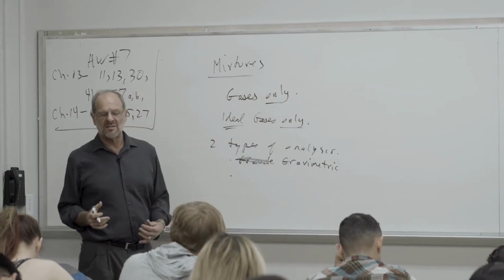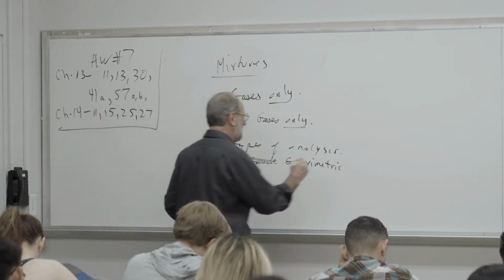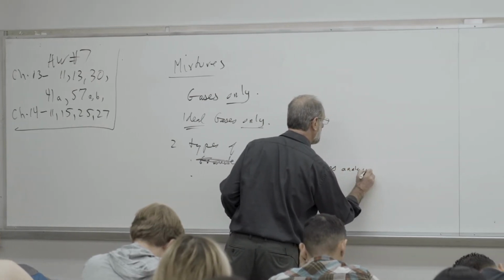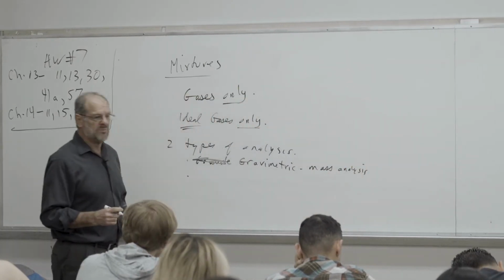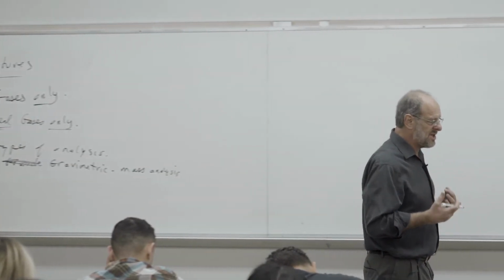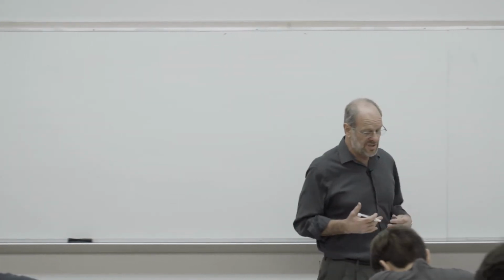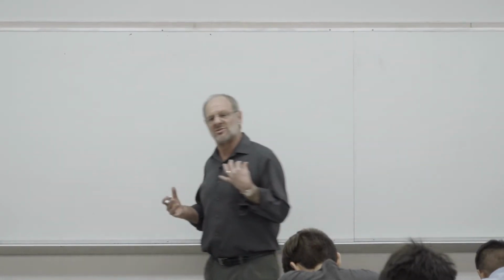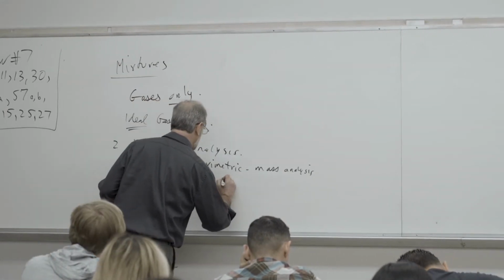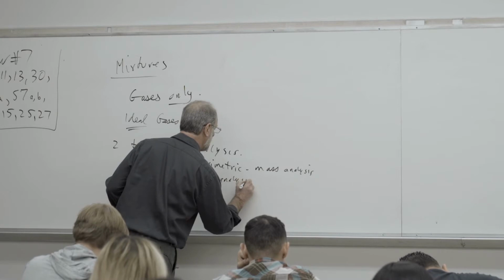And gravimetric analysis is basically mass analysis. However, in other problems, we're going to be interested not in the mass of the material that we're analyzing, but in the number of moles. So we may also be interested in molar analysis. So the other one is just called molar analysis.